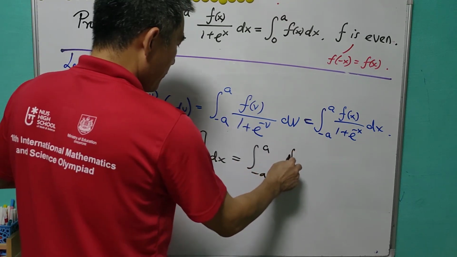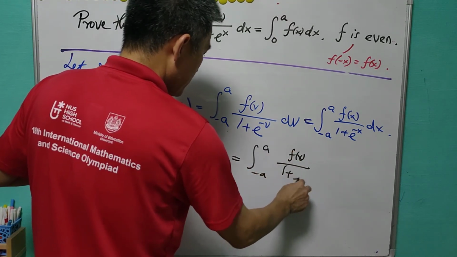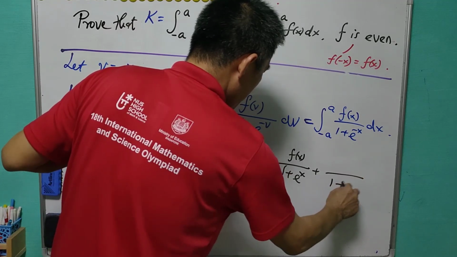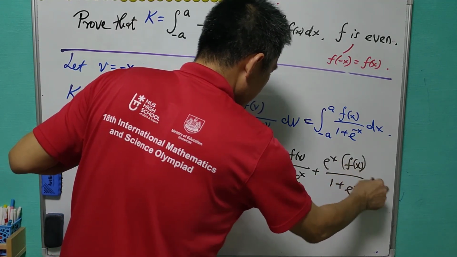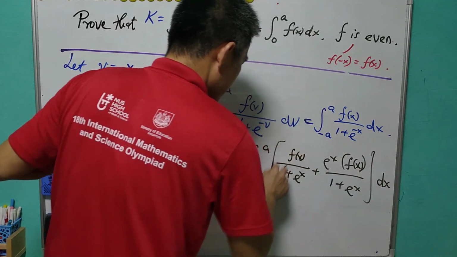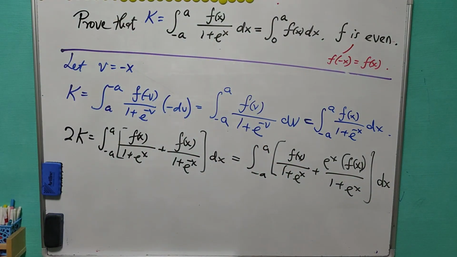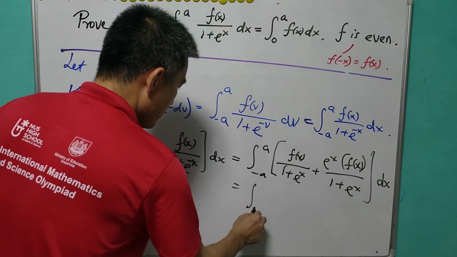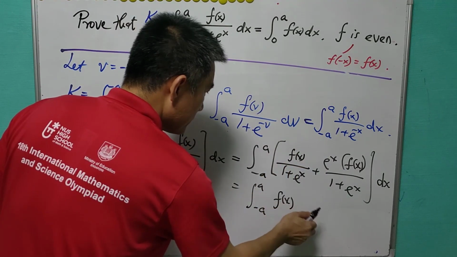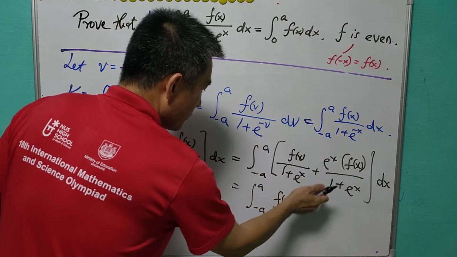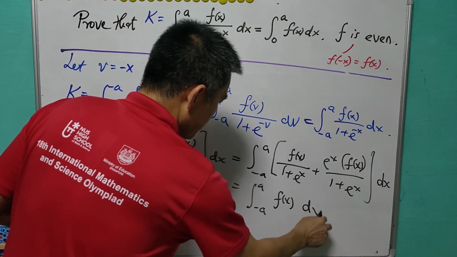So this will be f(x) over 1 plus e^x plus e^x f(x) over 1 plus e^x. So again, this will be from negative a to a of f(x), then 1 plus e^x over 1 plus e^x will give you 1.